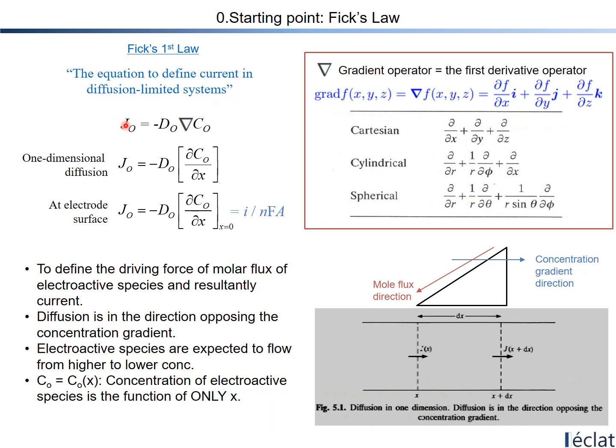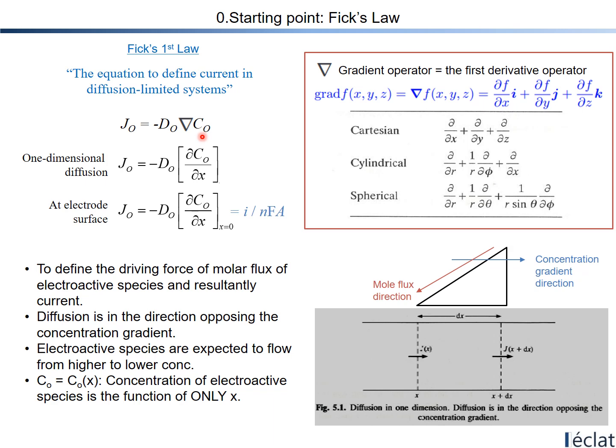The mole flux of oxidized species, or an electroactive species, is equal to minus the diffusivity of the electroactive species times the gradient of concentration of oxidized species. That is Fick's first law.